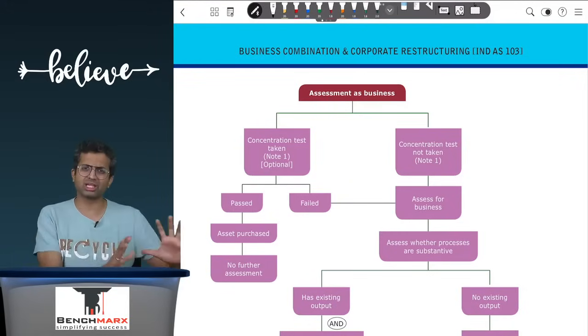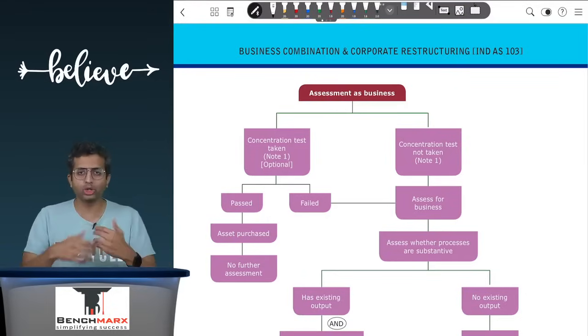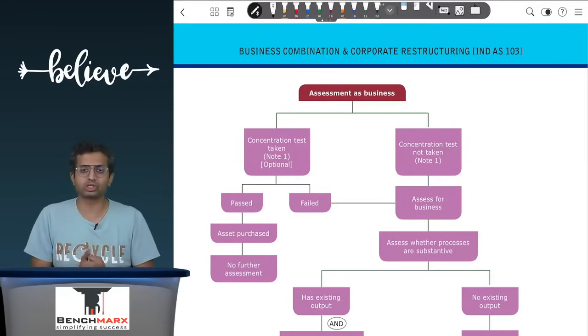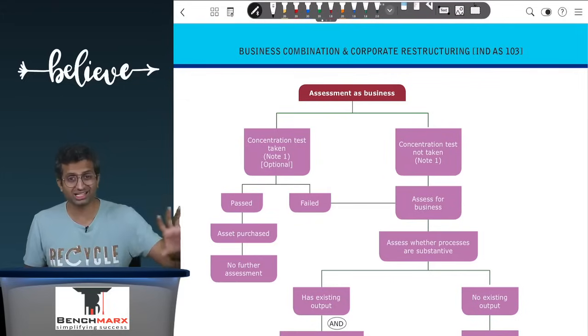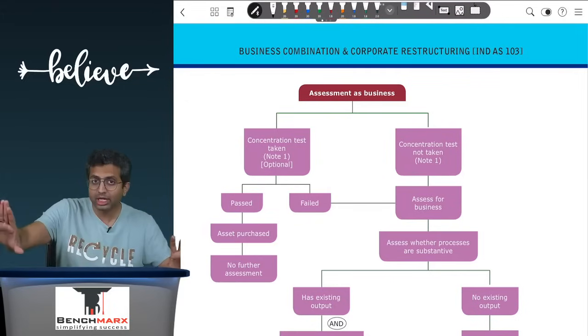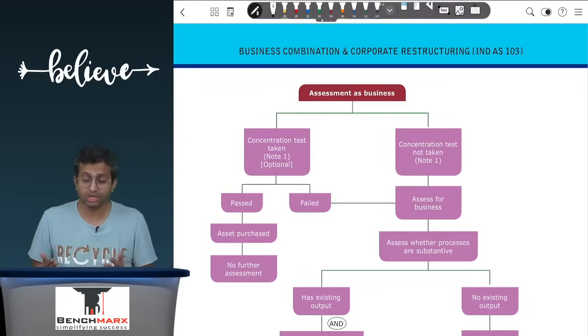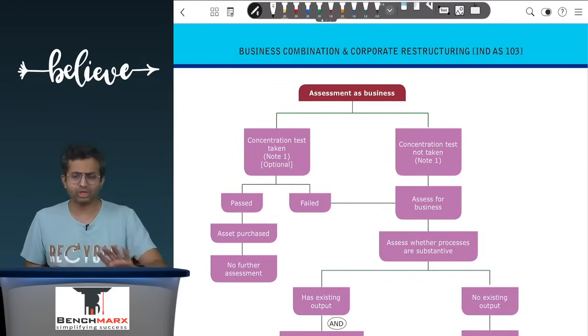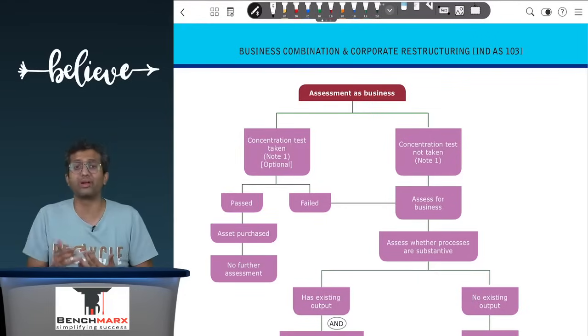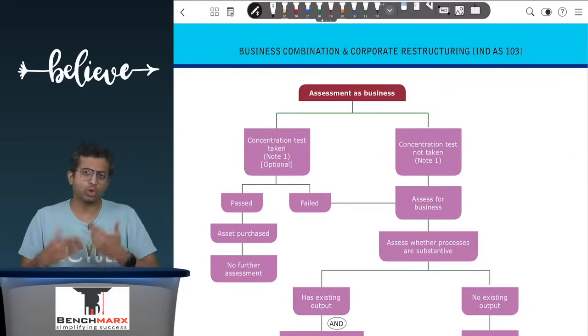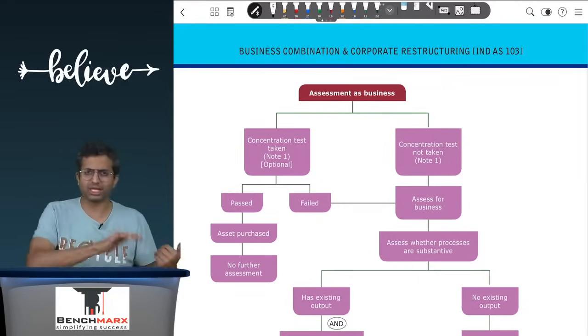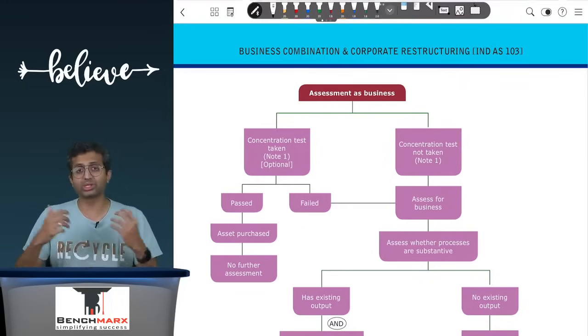So concentration test says that if almost all the consideration that you are paying is concentrated into a single asset or a group of similar asset, then it is like an asset purchase. If not, then you assess for business. It does not mean that it is a business by default. Again, this test is optional and hence it is not necessary that you have to apply this. If you don't want to apply this, or if you apply the test and it is not meeting the concentration test, then you assess for business.